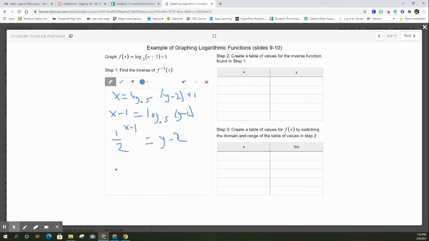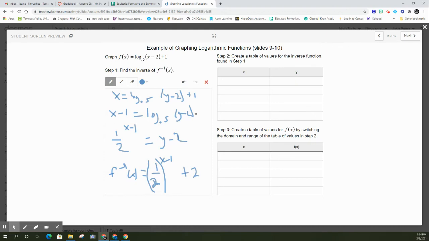I'll go ahead and write it as the inverse of f of x equals 1/2 to the x minus 1, all in parentheses, plus 2. So there's my inverse. The inverse of f of x is 1/2 raised to the x minus 1 power plus 2.